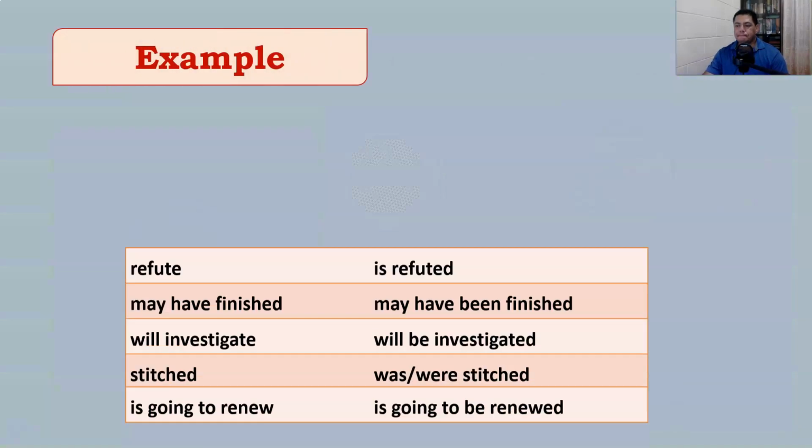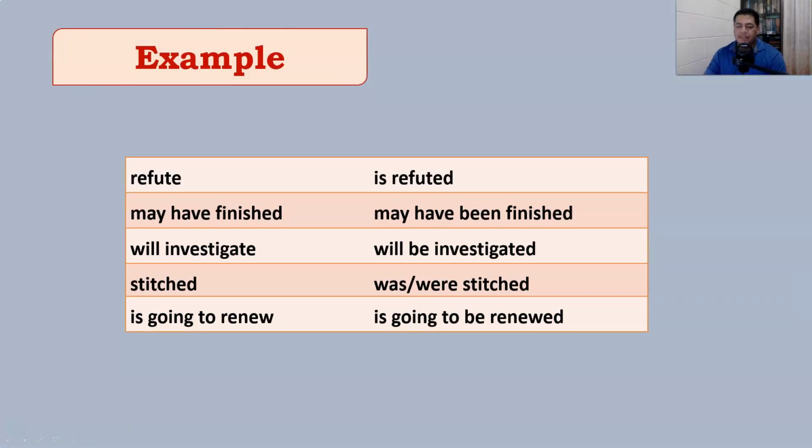Now, allow me to show you guys. Here we have on our left the verbs in active voice. Refute, may have finished, will investigate, stitched, is going to renew. Now, to turn this into passive voice, you need to check the form of this verb.